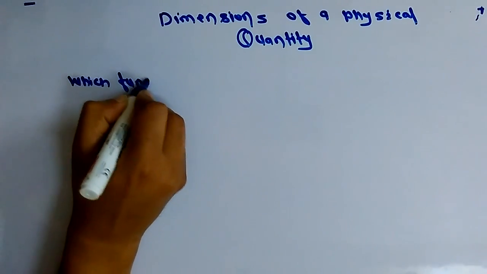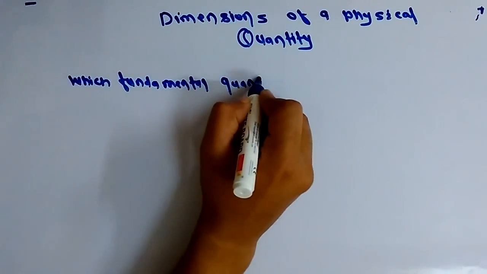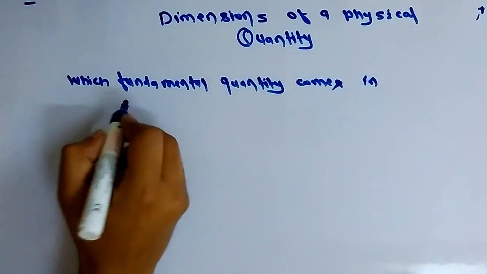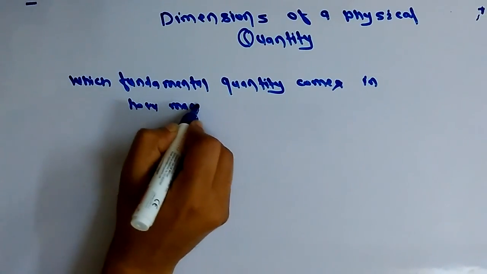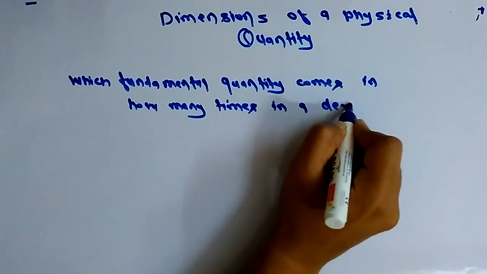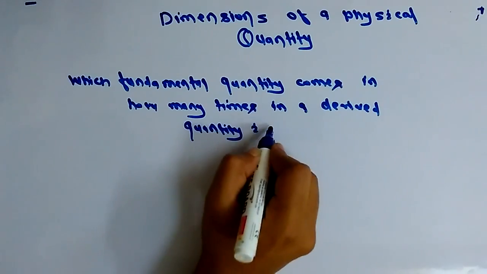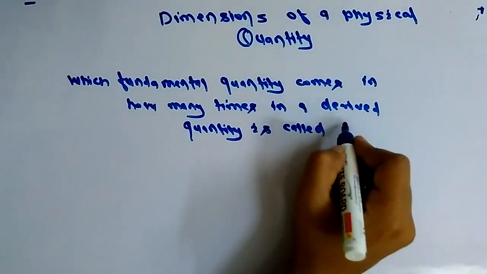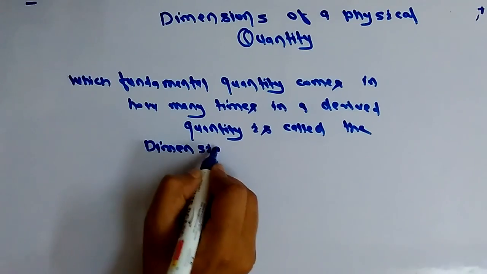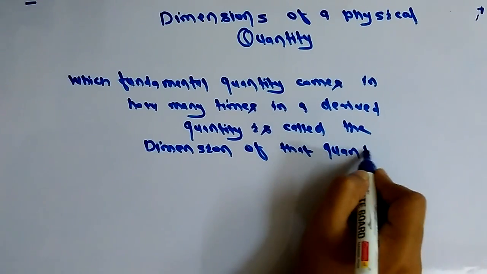which fundamental quantity comes in how many times in a derived quantity is called the dimension of that quantity.